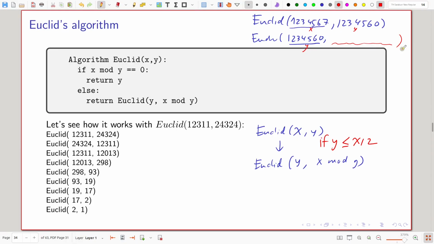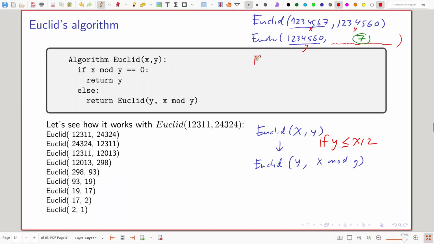When x is 7 and y is 6, what is x mod y? 1, right? Is it small? It's small. So if the first argument doesn't decrease that much, I want to be able to say this will be small, okay? And then the next time I call Euclid, what happened?